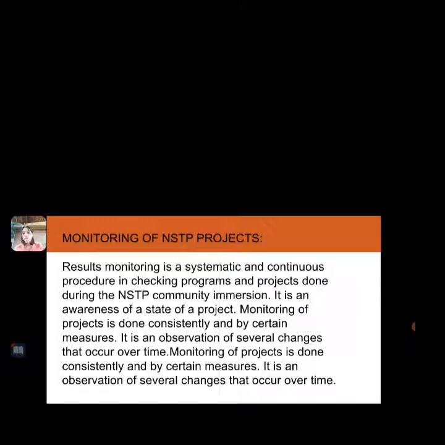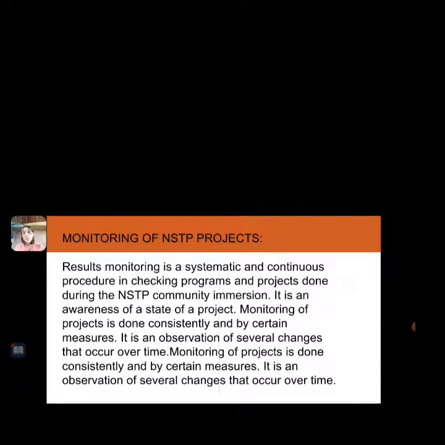So the information is provided in both monitoring and evaluation system, which provides information required by planners, policy makers, trainers, and the trainees involved in the program.